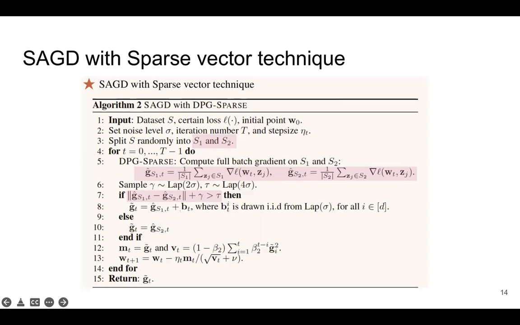If it's large enough, then we release the gradient over S1 with differential privacy noise. Otherwise we directly use the gradient from S2, followed by the optimization method here.